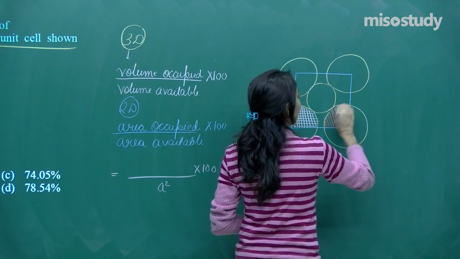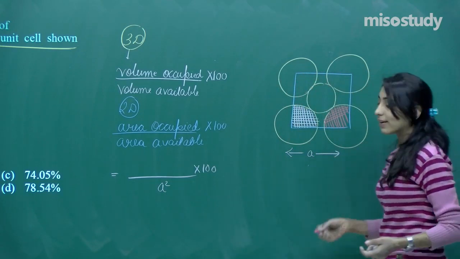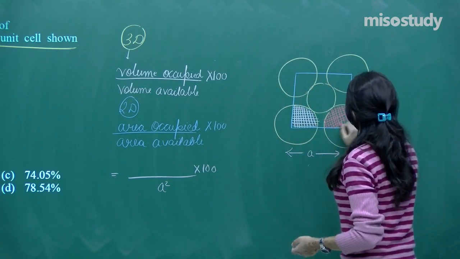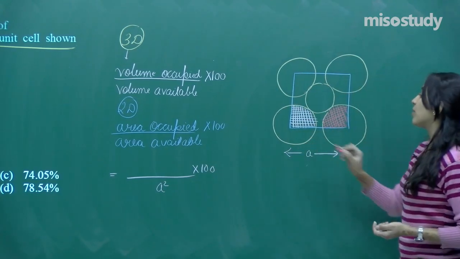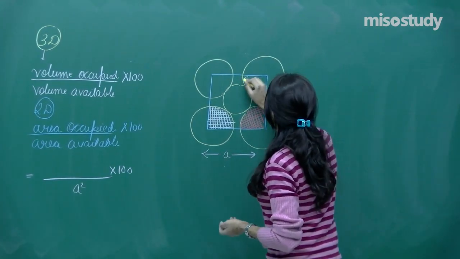Drawing all the circles and coloring them, I really feel like eating pizza. I think you must also be feeling the same, right? So I'm just imagining I am having a double cheese and then another one.